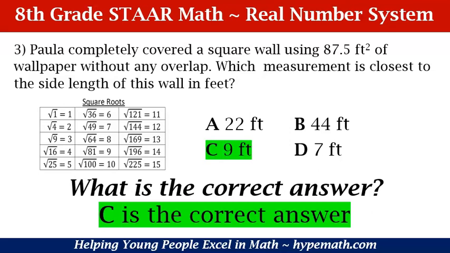Based on that information, C is the correct answer because the square root of 87.5 falls in between the square root of 81, that integer is 9, and the square root of 100, that integer is 10. We don't see a 10, all we see is C, 9 feet, and that is our correct answer.